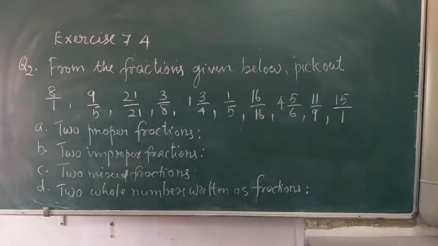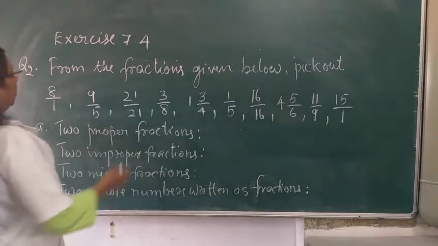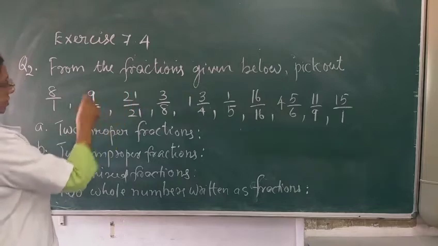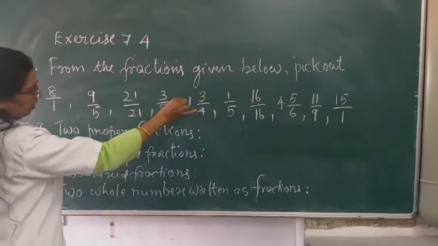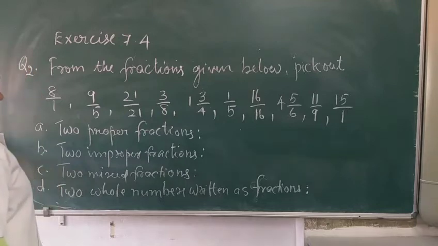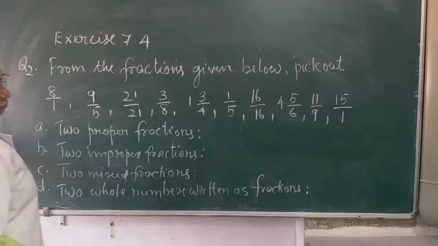And one more question is here, 2 fractions that can be written as 1. Okay, from the fractions given below: 8 by 1, 9 by 5, 21 by 21, 3 by 8, 1 3 by 4, 1 by 5, 16 by 16, 4 5 by 6, 11 by 9, 15 by 1.